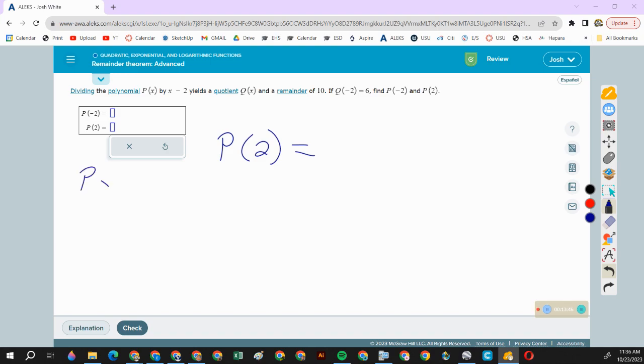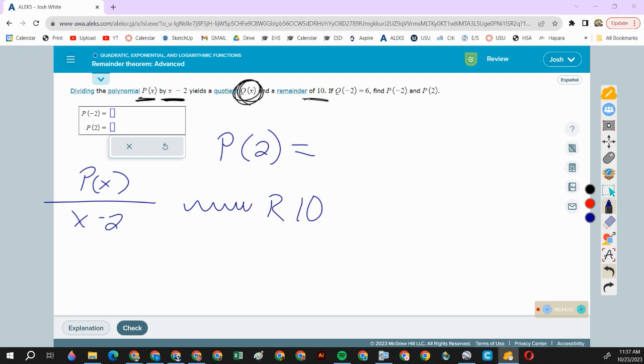So if I take p of x and I divide it by x minus 2, I get some equation, remainder 10. Right? That's what it says. If you divide p of x by x minus 2, you get a new function and a remainder of 10. Okay?